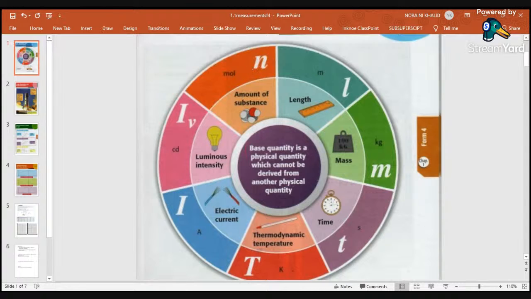Okay. So you can see this is a definition. Base quantity is a physical quantity which cannot be derived from another physical quantity. Okay. When we mention about physical quantity, this one you have studied in lower form. Asas, physical quantity, quantity that can be measured.